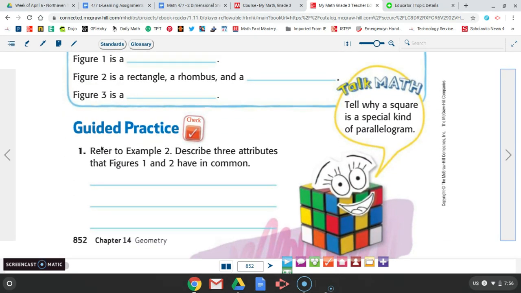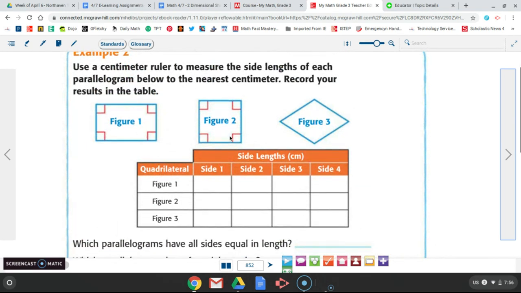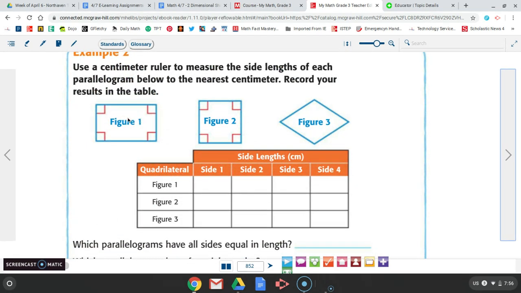Our guided practice says, refer to example 2, describe 3 attributes that figures 1 and 2 have in common. So let's look at 1 and 2. Well, I noticed that both figures have all right angles. I also noticed that both figures have 2 sets of parallel sides because the top and bottom of each figure are parallel and the right and left of each figure are parallel.